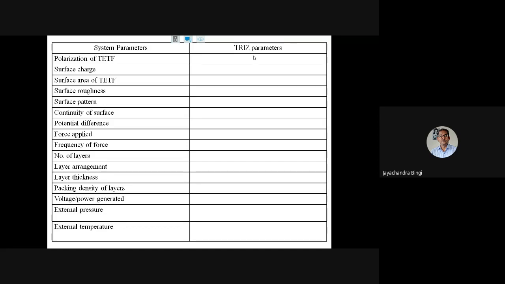No. See, I can't see the chart now. I'm attending from a single computer. Somebody can read that. Separation, sir. Separation of what?